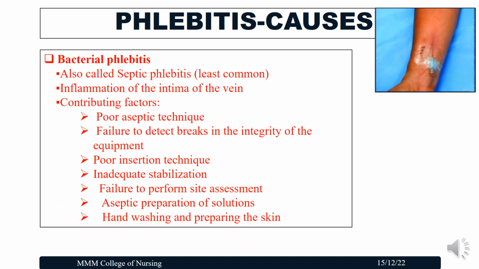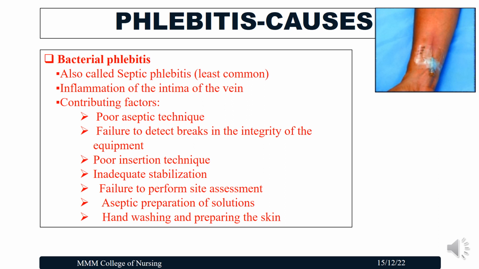The other cause of phlebitis is bacteria. So that is known as bacterial phlebitis. It is also called septic phlebitis, which is least common because we ensure a sterile technique when inserting. The contributing factors for this bacterial phlebitis, which is inflammation of the intima of the vein, are poor aseptic technique, failure to detect breaks in the integrity of the equipment, poor insertion technique, inadequate stabilization, failure to perform the site assessment, aseptic preparation of solutions, hand washing and preparing the skin.